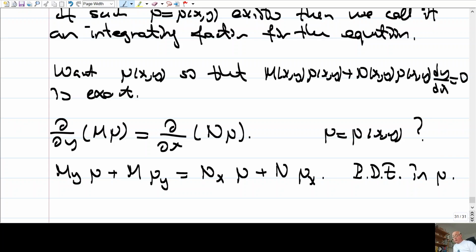And partial differential equations are probably more difficult than the original equation. So while we are trying to solve an equation, we ended up with another equation which is probably harder to solve.